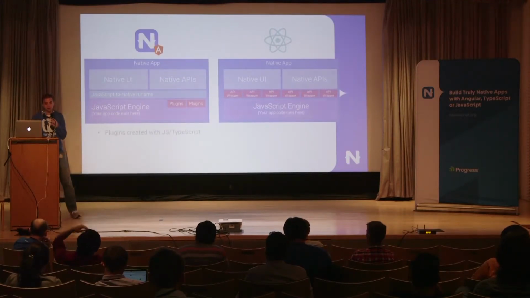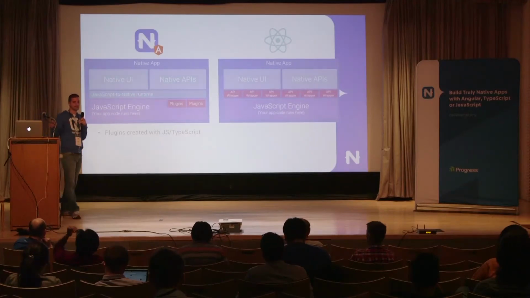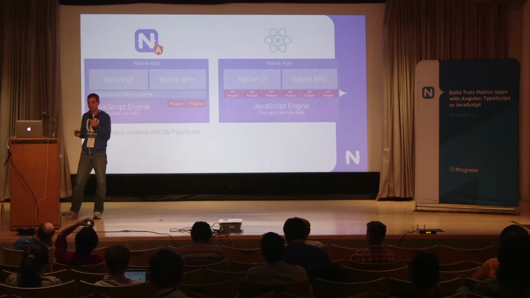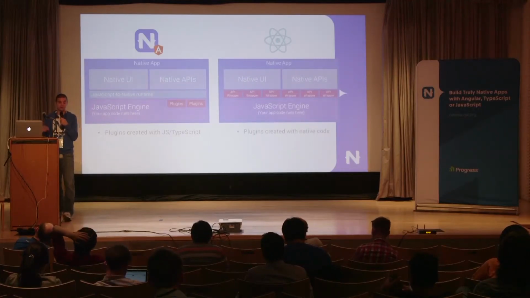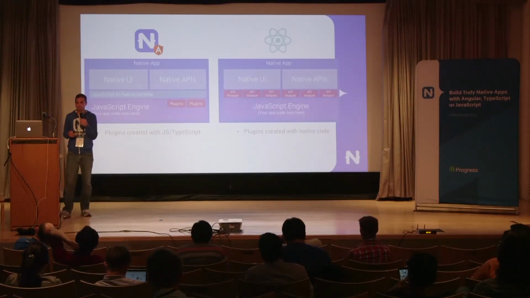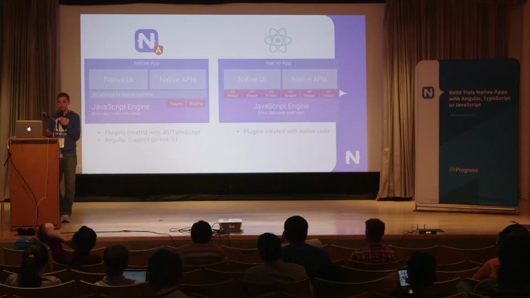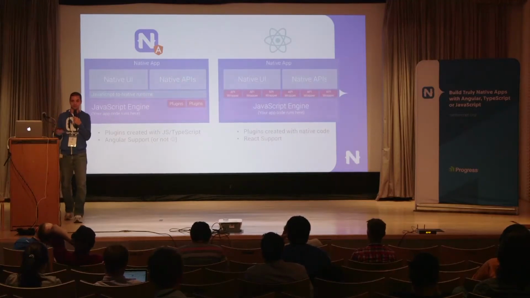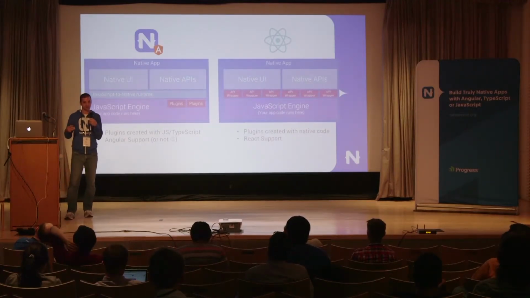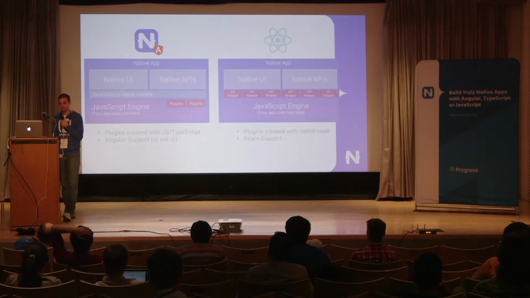Some other differences really quickly here. Plugins, so the way to extend your app with NativeScript, those are written with JavaScript or TypeScript. With React Native, plugins are written with native code. With NativeScript, you can use Angular or not. It's optional. React Native is limited to React support, which I don't mean limited as a bad thing. React's obviously very popular.